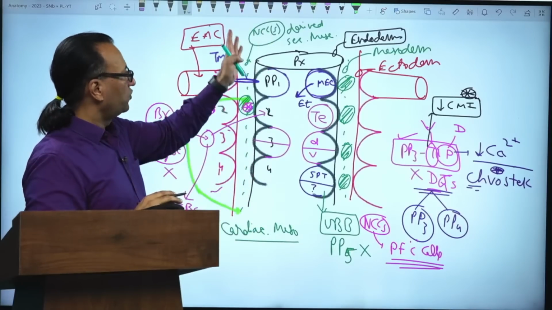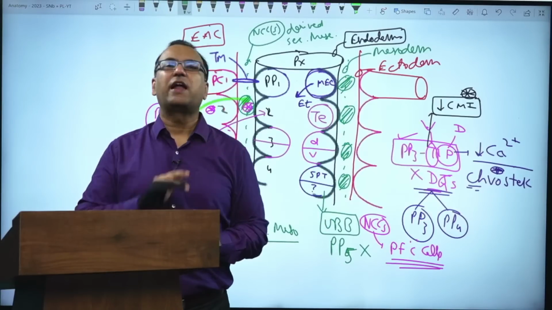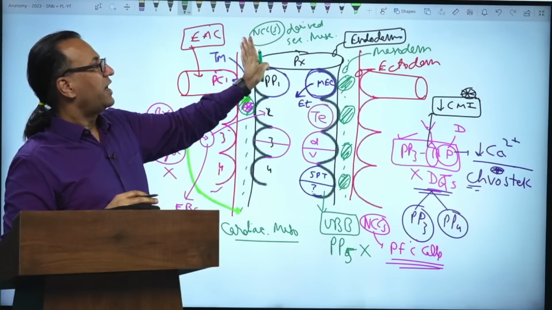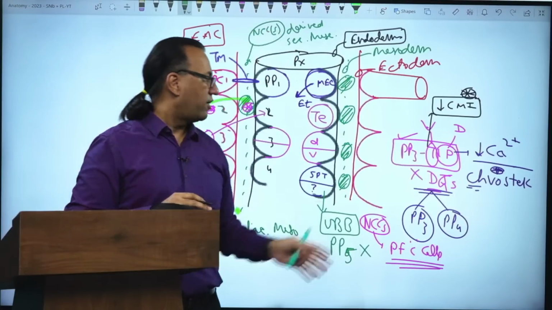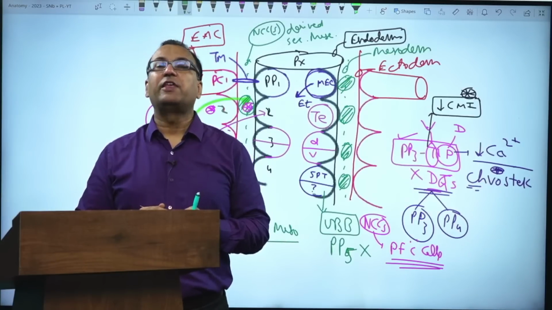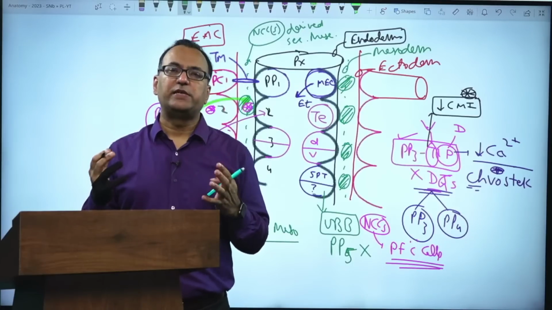If neural crest cells do not form skeletal muscle, then where are these muscles coming from? They are not from secondary mesenchyme. If they are not from secondary mesenchyme, then where are they from? They are from primary mesenchyme, from paraxial mesoderm.